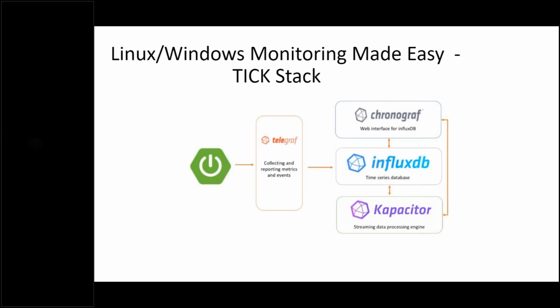We will see how to install these tools, how to configure them, and then how to monitor Windows or Linux metrics through this combination of Telegraf, InfluxDB, and Chronograf. Chronograf or Grafana will be used to create dashboards, Telegraf to collect the metrics, and InfluxDB to store the data. So this one open source tool we will look into completely, practically, how to use it right from installation and configuration to creating dashboards.